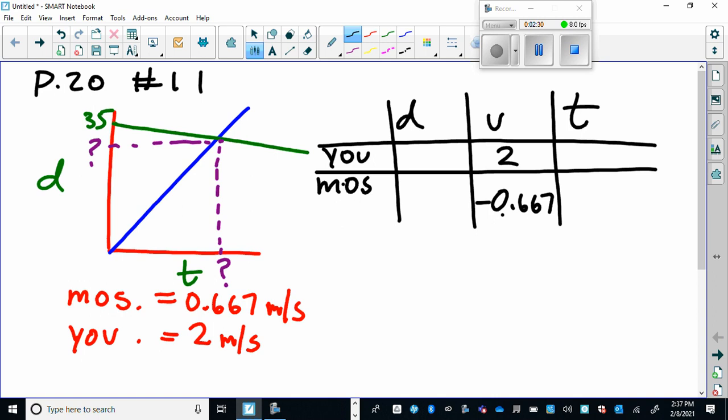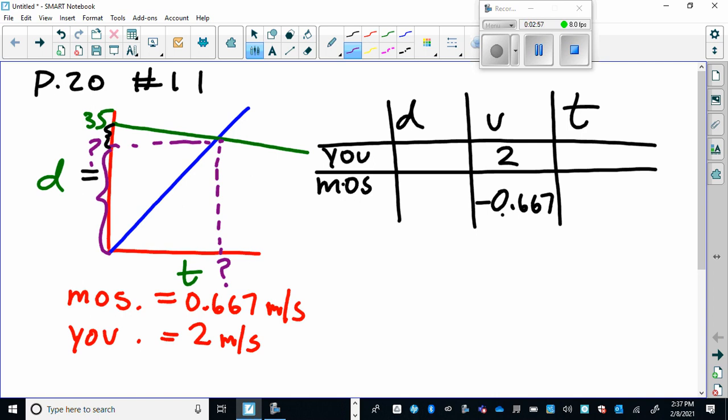We don't have any specific values for this displacement right here, but we do have some clues. We do know that the mosquito is going to travel this distance, and you are going to travel this distance. So at least we can write expressions for the distances that you and the mosquito have traveled respectively.